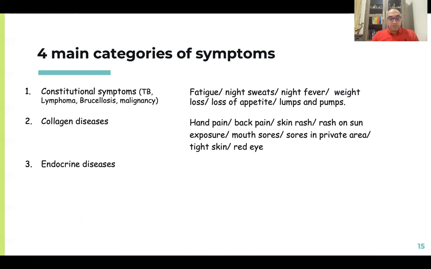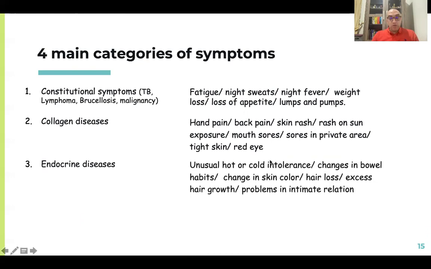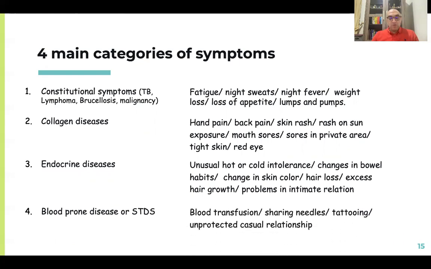For endocrine disease: unusual hot or cold intolerance, changes in bowel habits, change in skin color, hair loss, excess hair growth, and problems in intimate relations. And for bloodborne or systemic sexually transmitted disease, you can ask about blood transfusion, sharing needles, tattooing, and unprotected casual relationships.